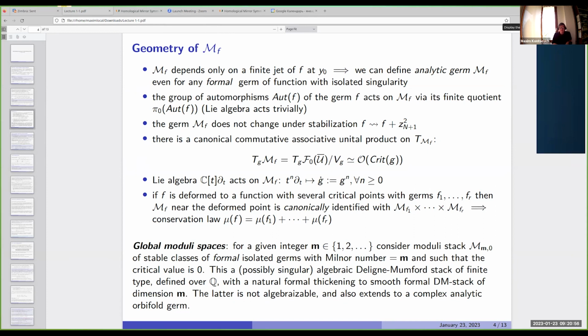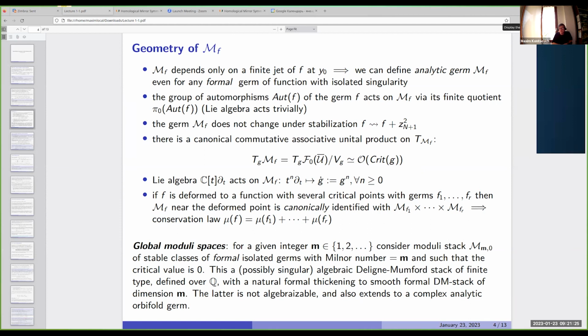And then the final kind of beauty of this moduli space: if you deform the function a little bit and you get several critical points instead of one, you get local germs of these critical points f_1 through f_r. Then the moduli space of the universal deformation of f near this deformed point is canonically identified with the moduli space of f_1 times the moduli space of f_2 up to the moduli space of f_r.